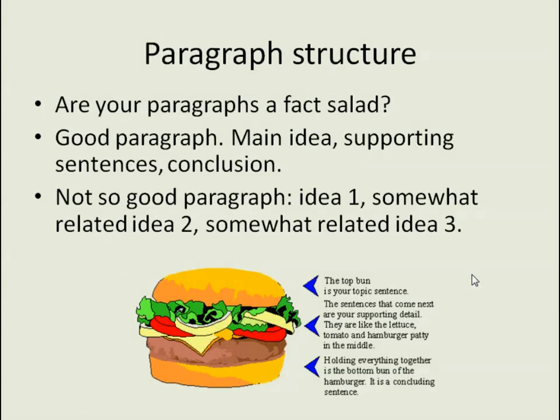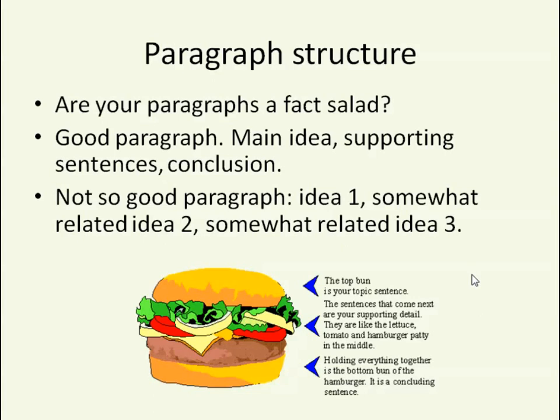What else? Some of you, I was saying, think about the way you're writing your paragraphs. My thinking here was that sometimes a paragraph looks something like what I call the fact salad, in which you have a number of ideas that might be related because you're talking about the same thing, but there's not that logical connection between all of them.